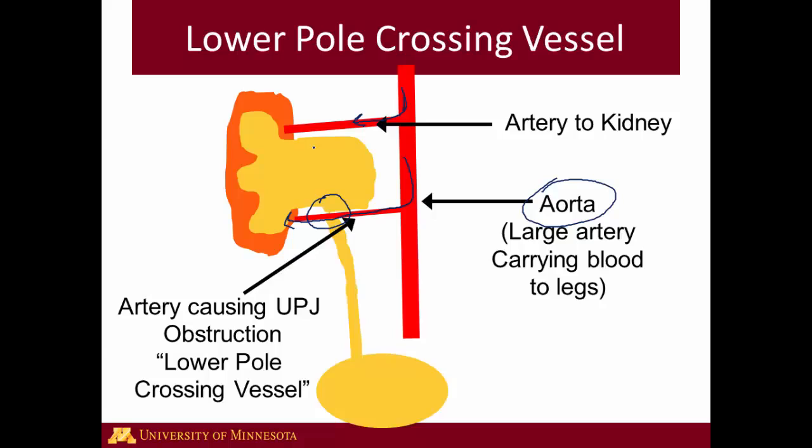So even though the caliber of the ureter may be normal, it may have a normal opening, because of the compression from the lower pole crossing vessel, the urine is not able to make it down to the bladder. And this has the same effect. It causes blockage, the urine's not able to make it down, and pushes out and causes dilation or hydronephrosis.